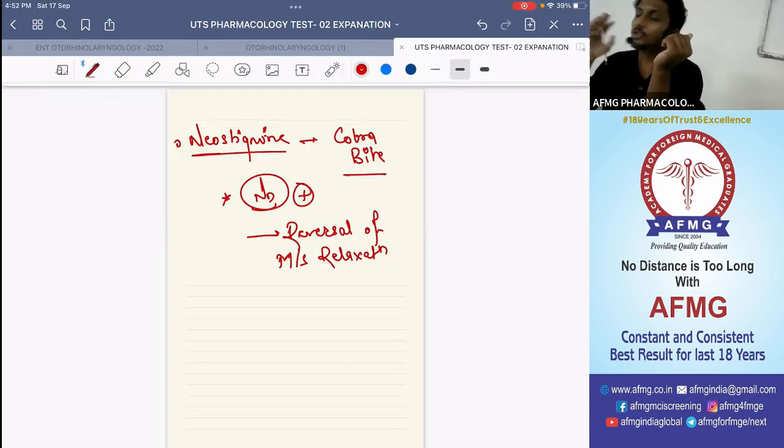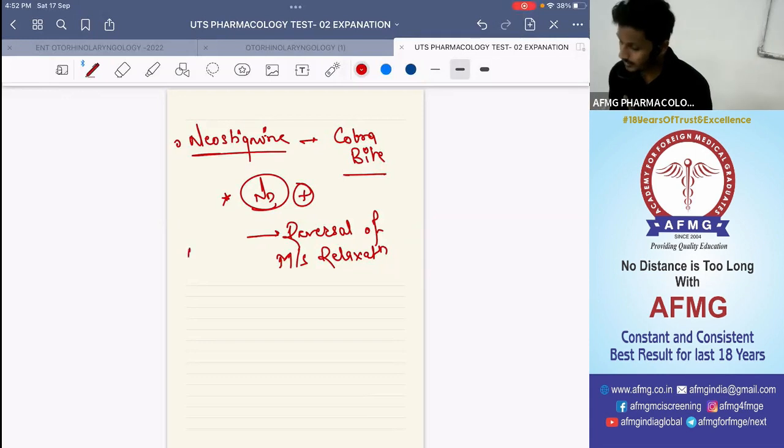Therefore, to stop the peripheral side effects which it will lead to, like an increase in secretions, meiosis, and bronchoconstriction, all of these actions are due to the agonistic activity at the muscarinic receptors. To block these peripheral side effects of neostigmine, along with neostigmine we always give atropine.